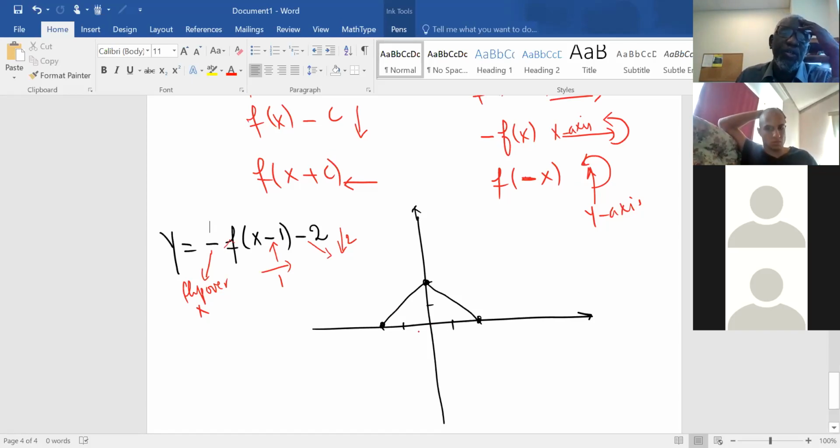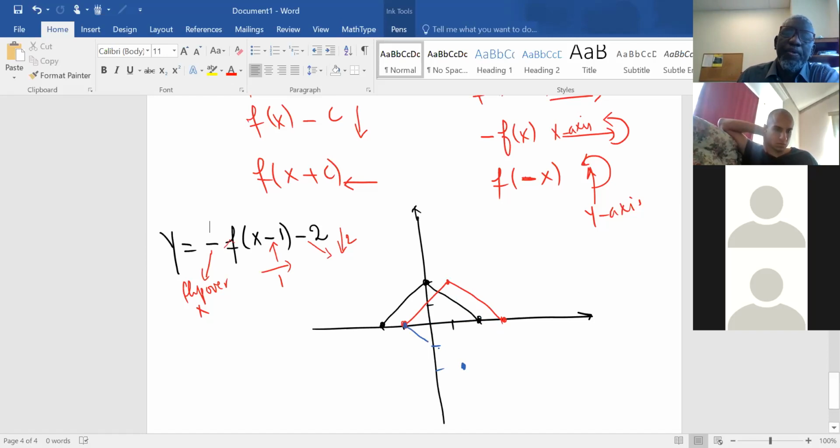So we go right 1 unit: this one goes here, this one goes here, this one goes here. Then we flip over the x-axis, which means the x-axis is a mirror. This one does not move. This one was 2 units up, it's going to go 2 units down. This one doesn't move.